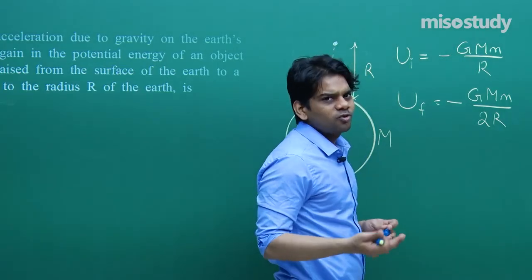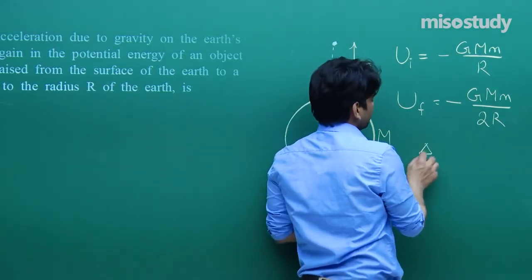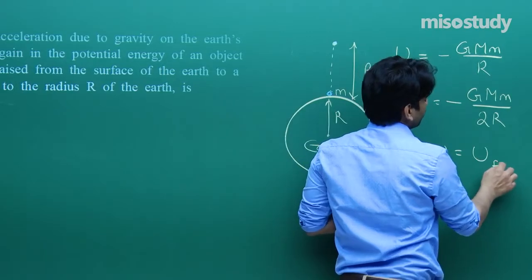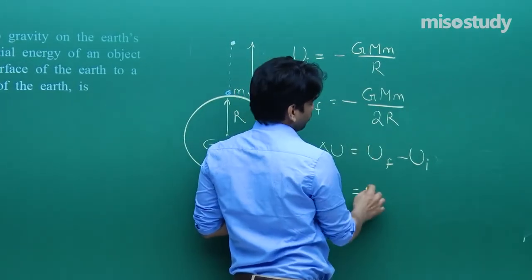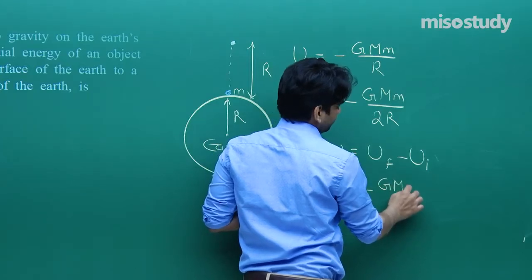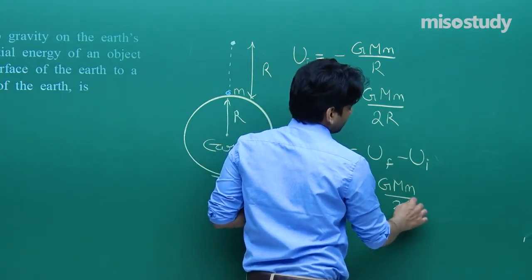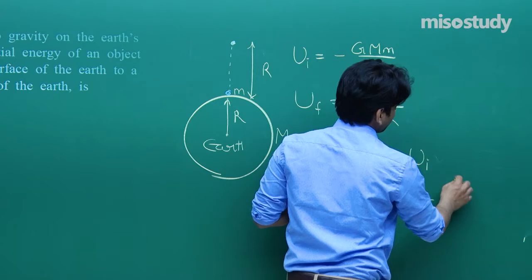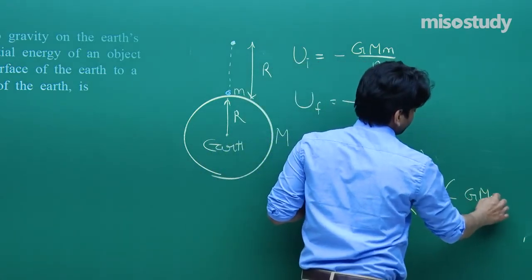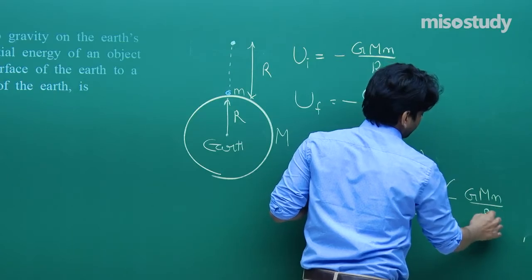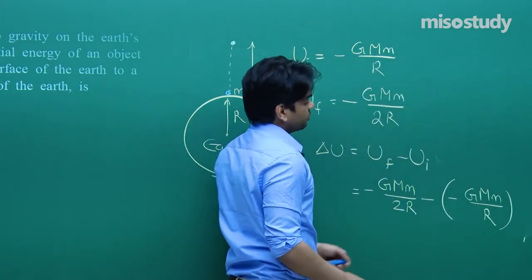Let us see what is the change in potential energy, what is the gain in potential energy. Delta U will be equal to U final minus U initial. So minus GMm by 2R, minus of minus GMm by R. This is what we have obtained.